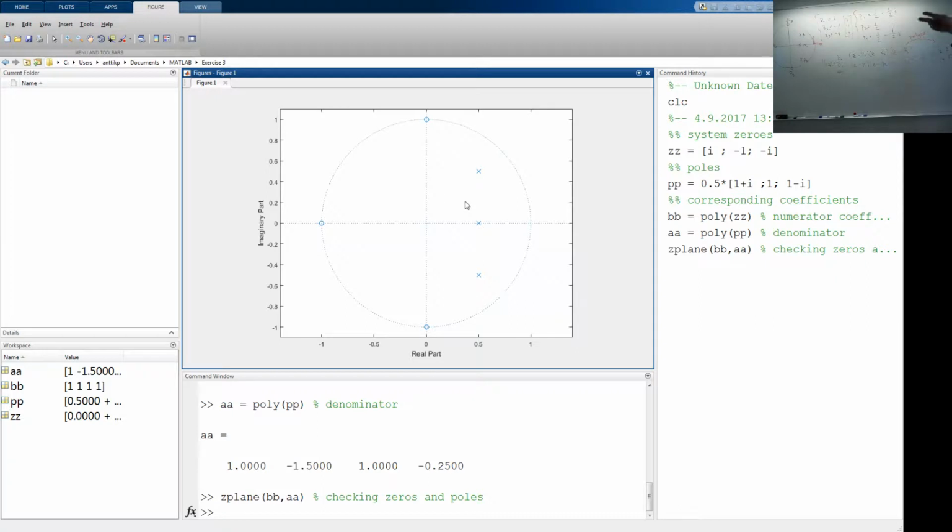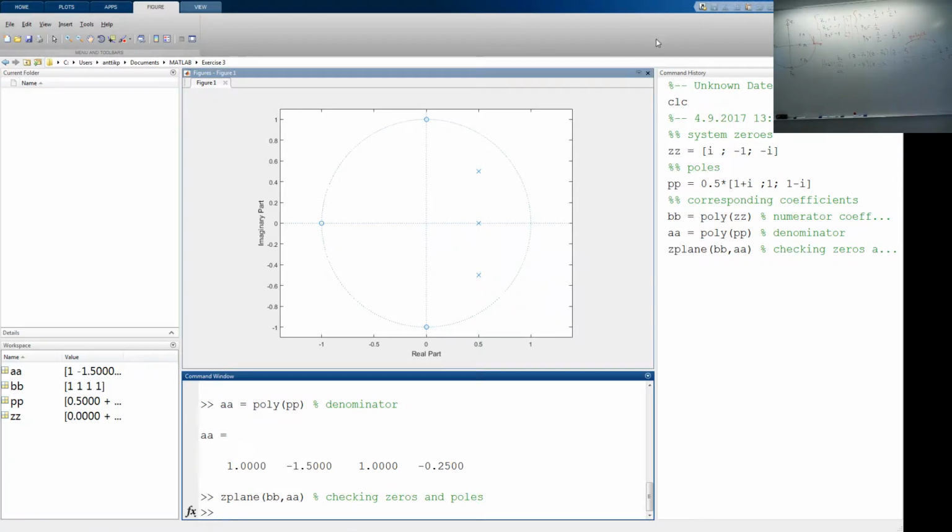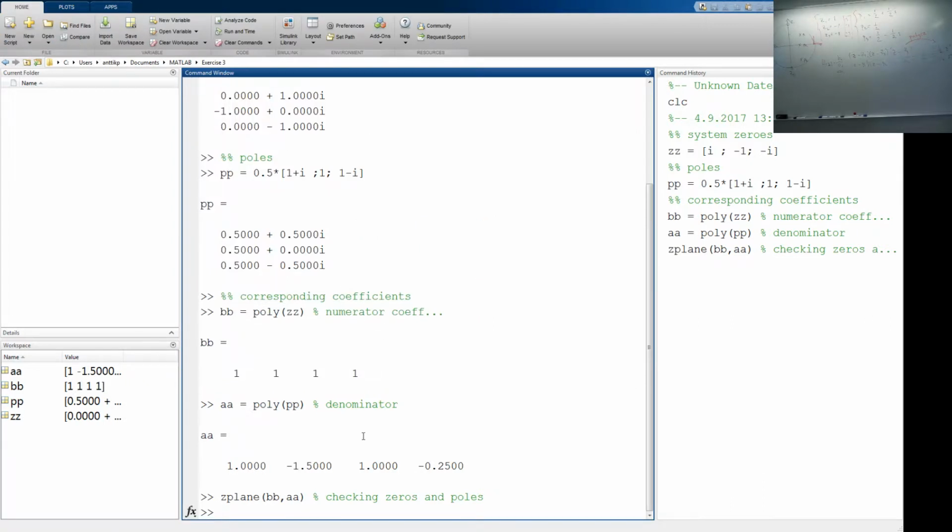Looks even better than I drew there, which is almost impossible, but okay. Then another one, maybe we could be interested in the frequency response. Okay, frequency response in here is freqz.